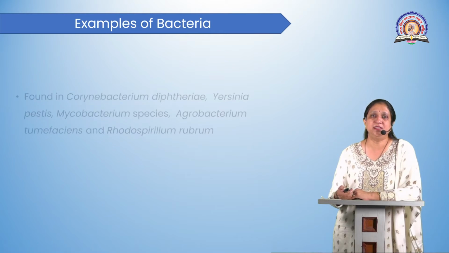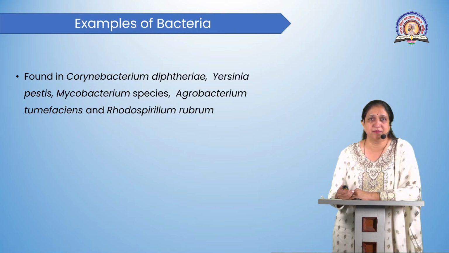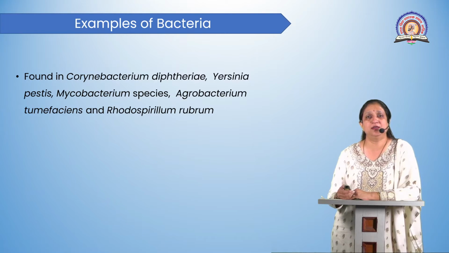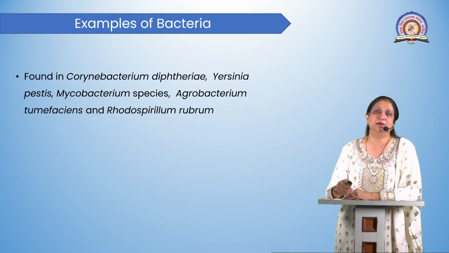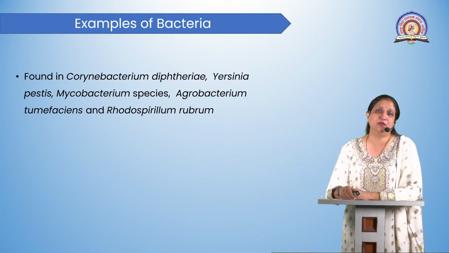A number of bacteria have an ability to produce these granules, and these granules were first identified in Corynebacterium diphtheriae. The pathogenic organism Corynebacterium diphtheriae has an ability to produce the metachromatic granules, while the non-pathogenic Corynebacteria do not produce these granules.